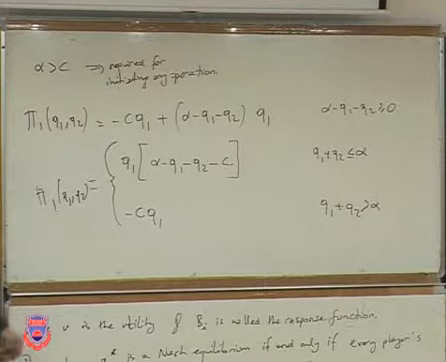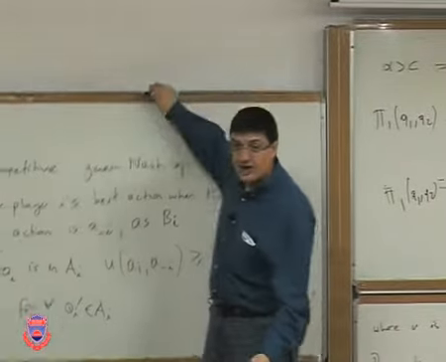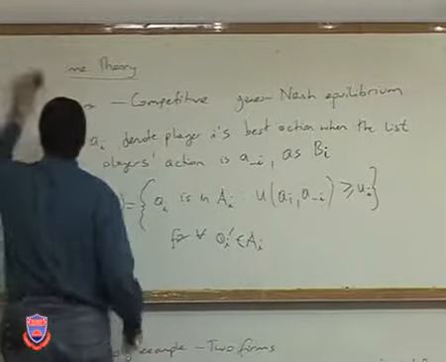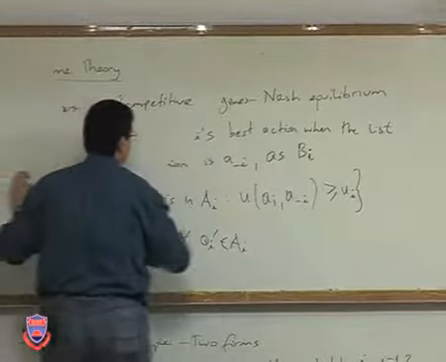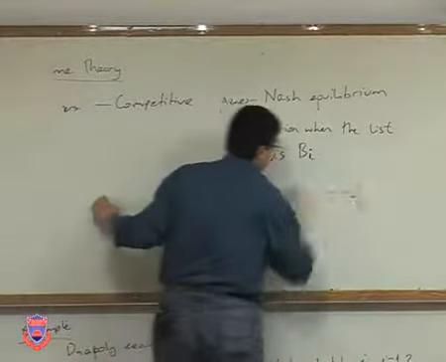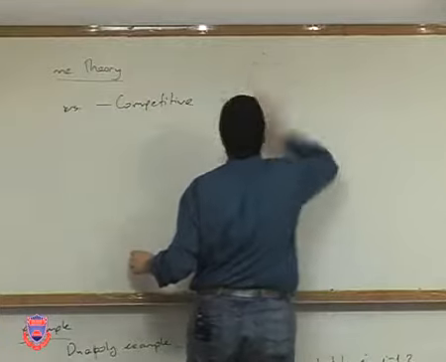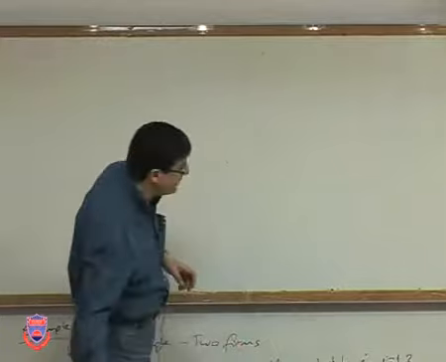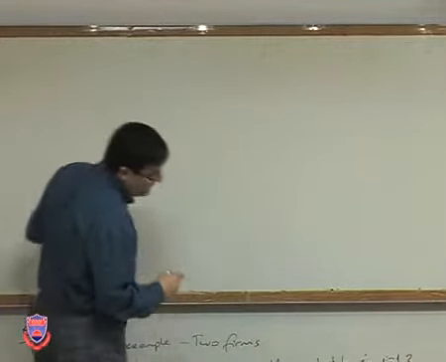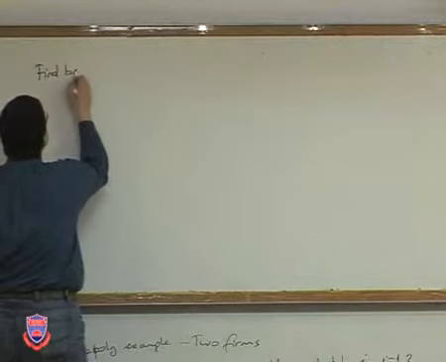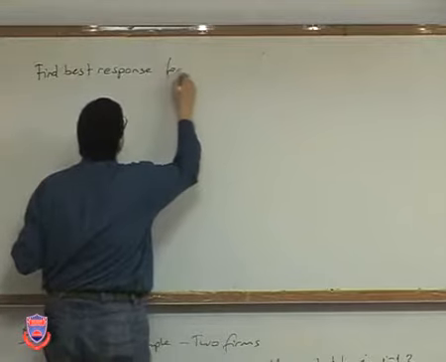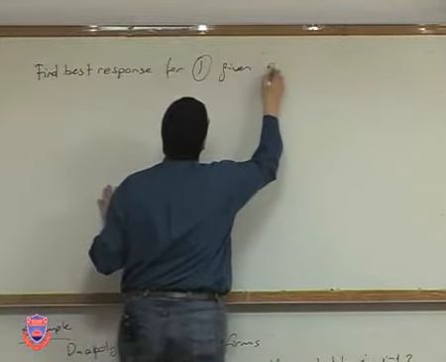Now, let us find the best response given Q2. So now you give me a Q2 value, and I'm going to find the best response for firm 1 given Q2.